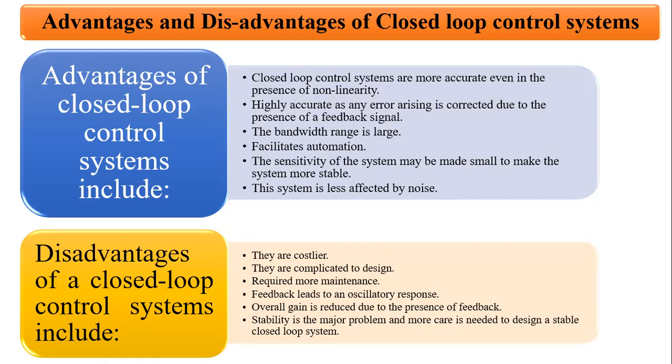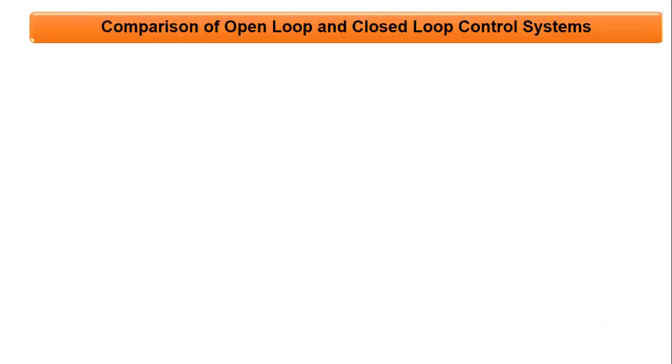The feedback may lead to an oscillatory response, damped response, or underdamped response. The overall gain is reduced due to the presence of feedback, and stability is a major problem, so more care is needed to design a stable closed loop system. Because of the additional components, there is a possibility that the system may go unstable, right? So as compared to open loop control systems, closed loop control systems are quite less stable.